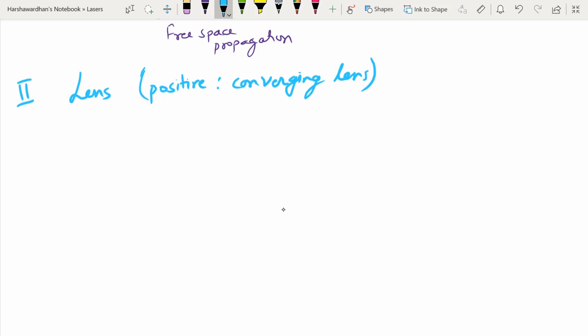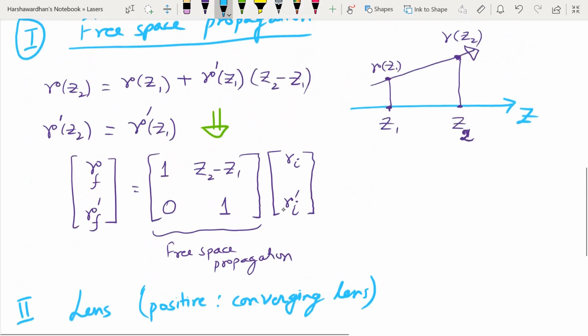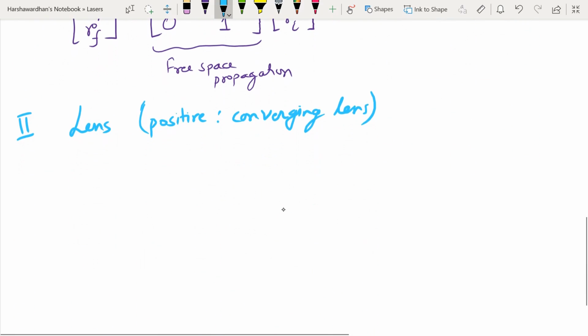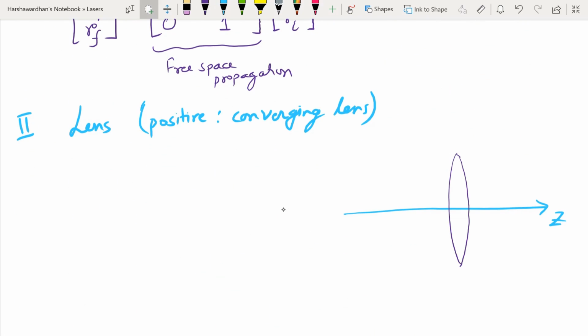So again, what do I have? In a similar manner to the previous case, I have my symmetric z-axis. I'm looking at a lens, and I'm looking at a thin lens approximation, right? The thickness of my lens is negligible.